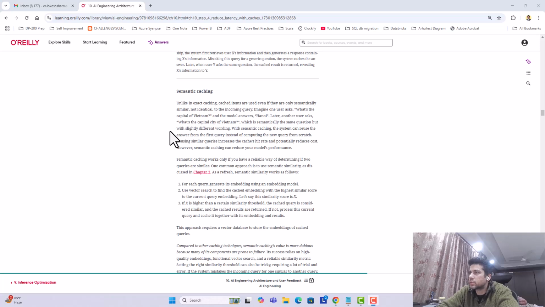Later another asks what's the capital city of Vietnam, which is semantically the same question but with slightly different wording. With semantic caching, the system can reuse the answer from the first query instead of computing the new query from scratch. Reusing similar queries increases the cache's hit rate and potentially reduces costs. However, semantic caching can reduce your model's performance.